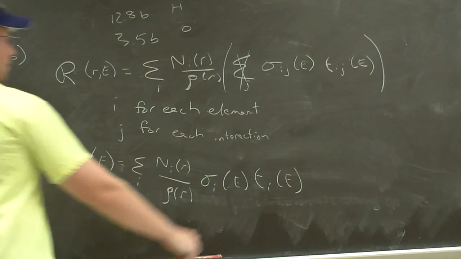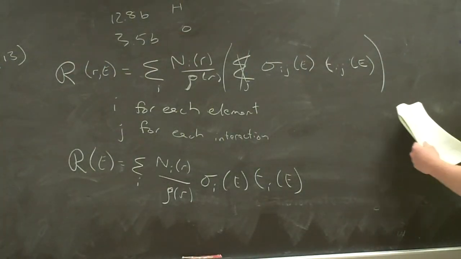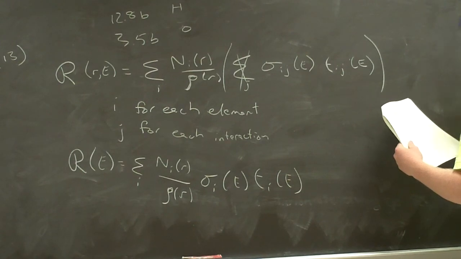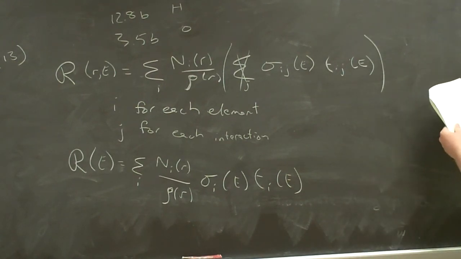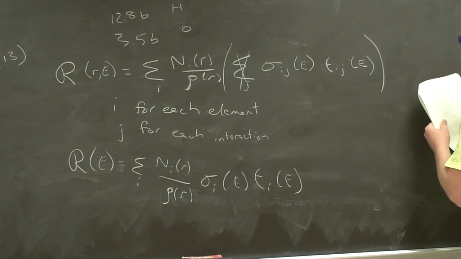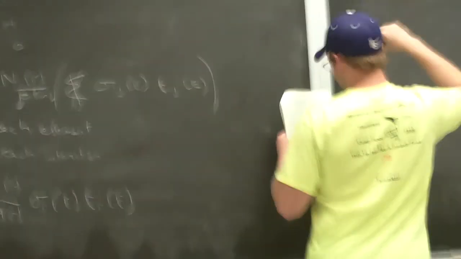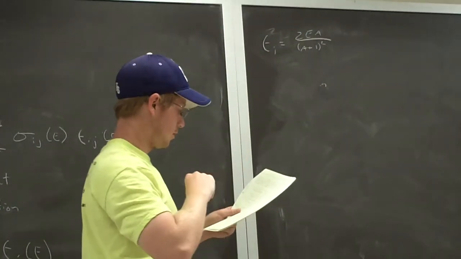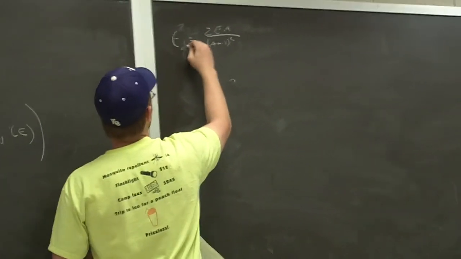To calculate this, what did I say, epsilon? I can never remember Greek letters. Epsilon. Using equation 5.15, 2EA over (A plus 1) squared. Is that a real equation? Double check. This is for elastic.